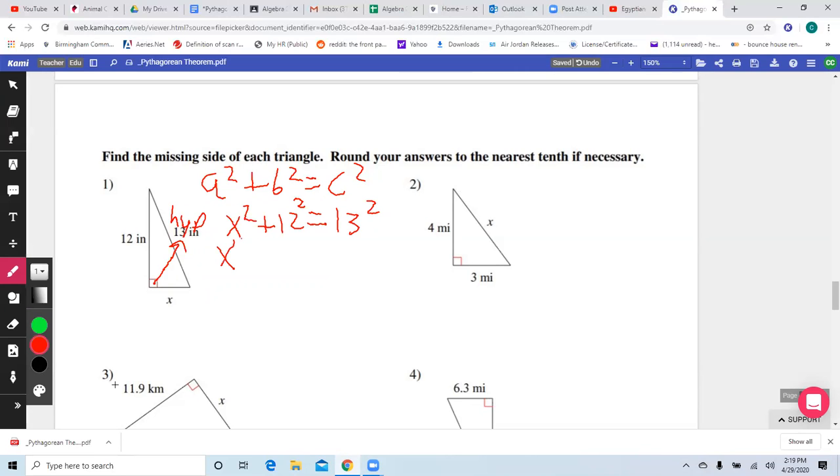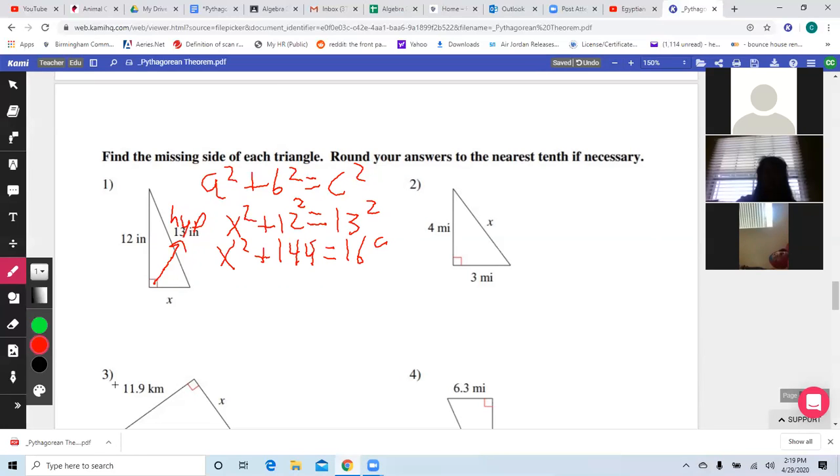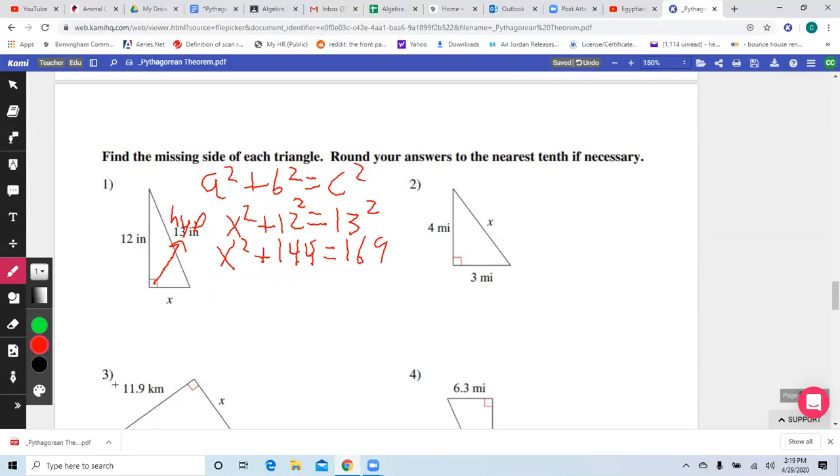So now I just do the math. 12 squared is 144. 13 squared is 13 times 13. That's 169. I subtract 144 from both sides because now I'm just solving for x, right? And so x squared is equal to 25. I square root both sides.